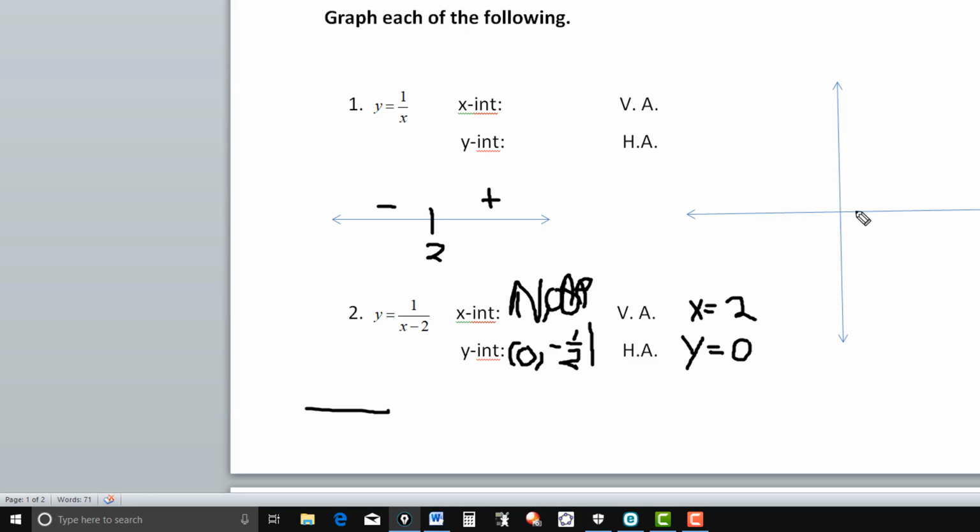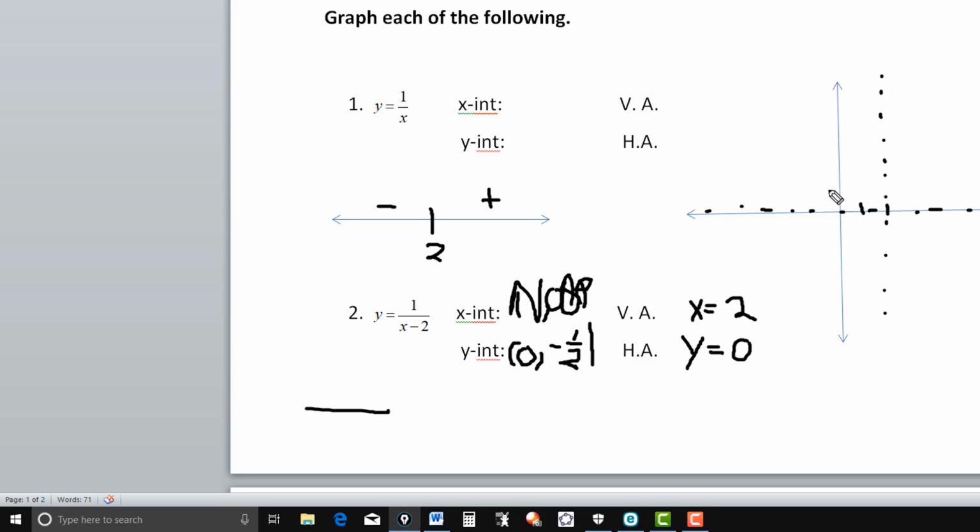And then we just plot the asymptotes. So again, x equal to 2, I draw the graph of that asymptote. And y equals 0, that's the x-axis.